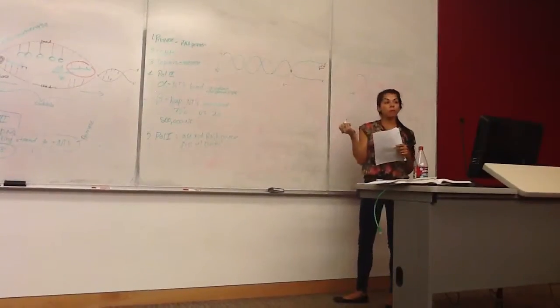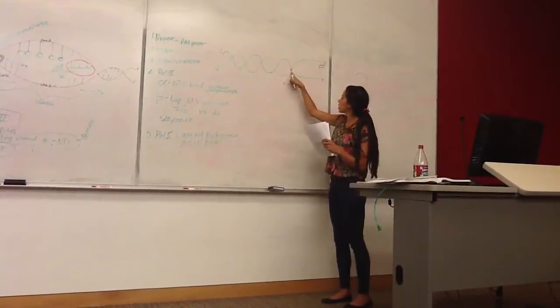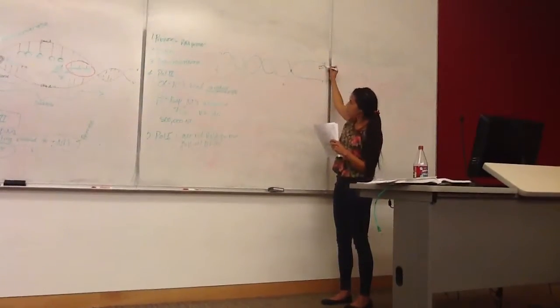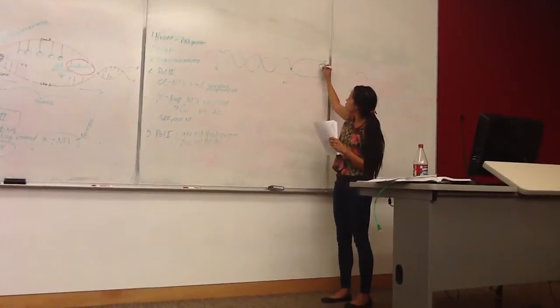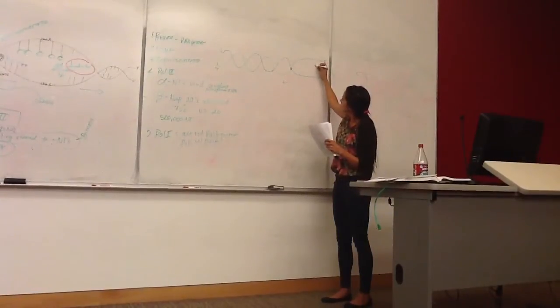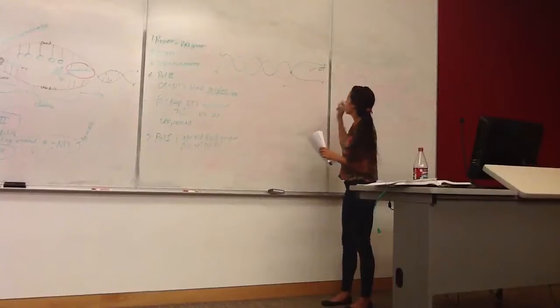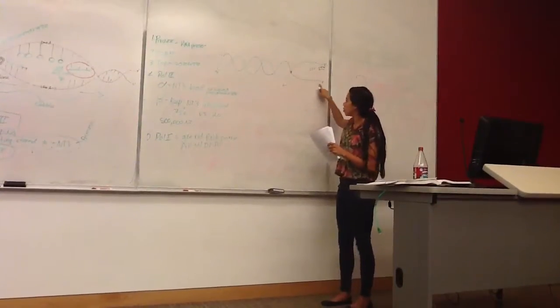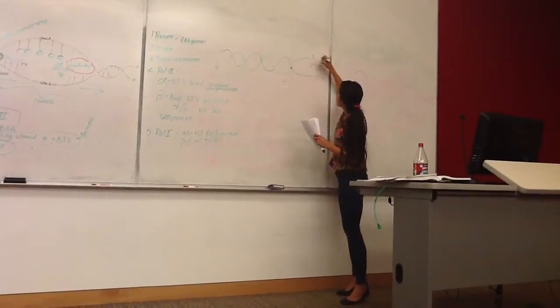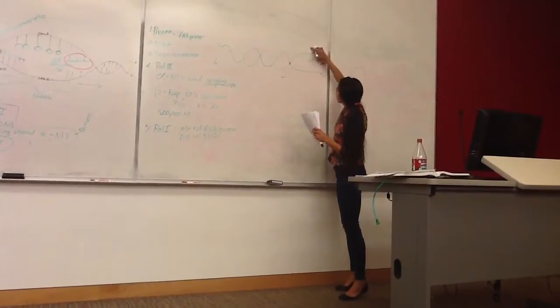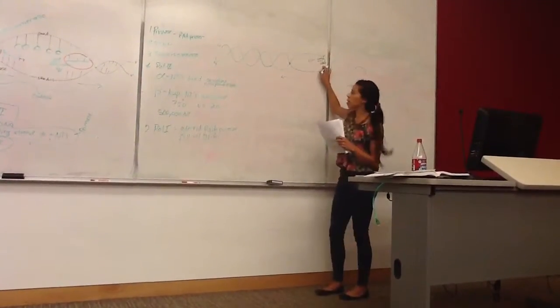And that's no problem, because as this keeps unwinding, we're still going in the 5' to 3' direction in the new strand, so you can basically just keep adding your nucleotides without a problem. So this is called the leading strand. Okay? That's not a problem.